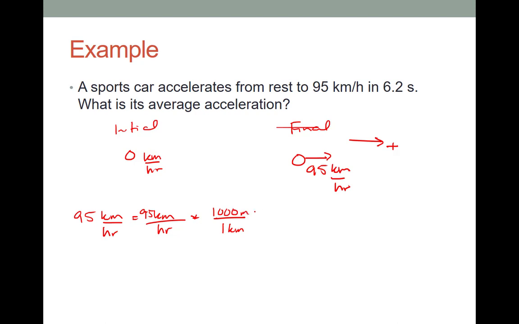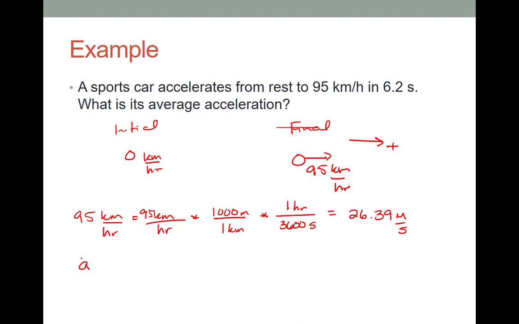It's still doable, but it is much easier if you do them first. So to convert units here, I need to multiply by 1,000 and divide by 3,600. And that results in 26.39 meters per second.